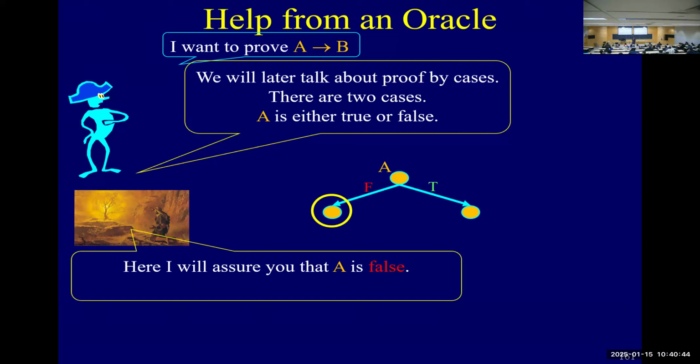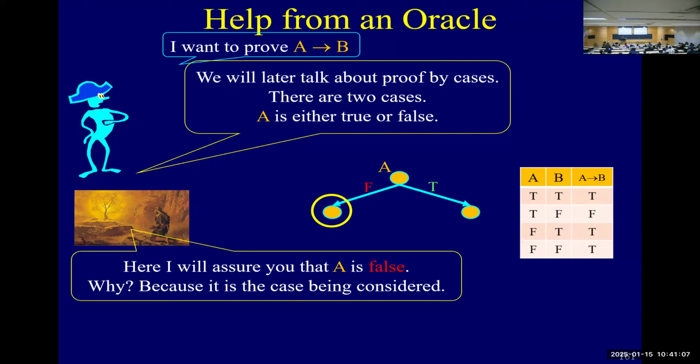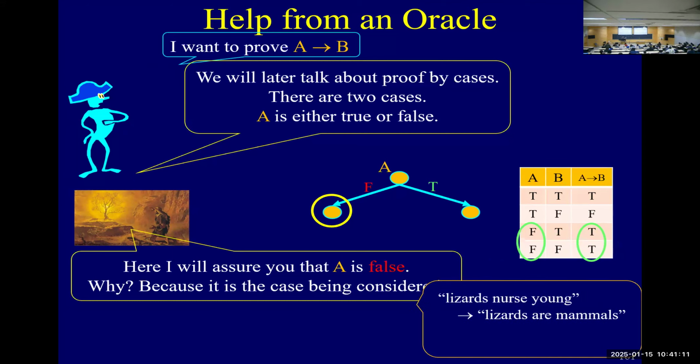It's all based on, you come down here and now we're going to assume something, and then you come over here and assume something. For some reason in dynamic programming, I call the oracle the little bird. She tells you something, but same idea. This is a big bird. Why is it false? Because we're assuming it's false. And in this case, we're done.